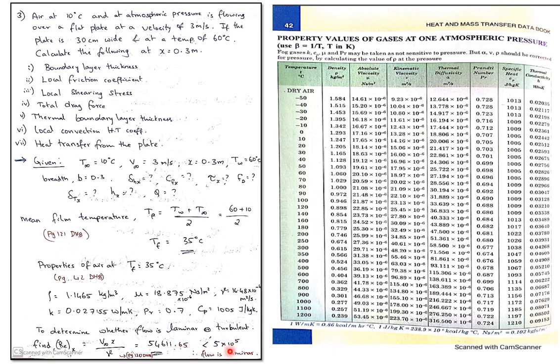You got 54611.65. It is less than 5 into 10 raised to 5, hence the flow is laminar. If it is greater than this, we can decide it is turbulent. Simple. Since it is 35, you have to take an average of these two values, or you can use the interpolation method. Next.